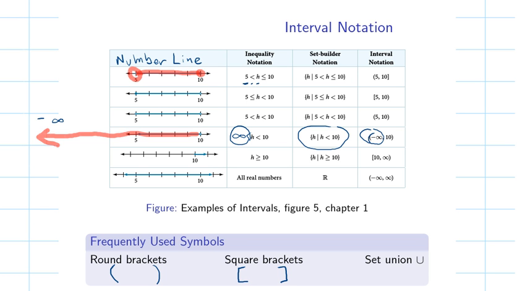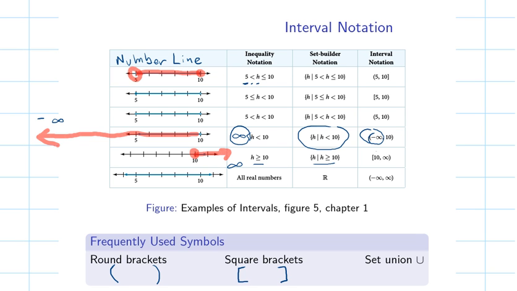The next one, what if we want the numbers that are starting at 10 and moving all the way to positive infinity? Well, same idea. In set builder notation and the inequality, it's just a single inequality, but 10 is the left endpoint.